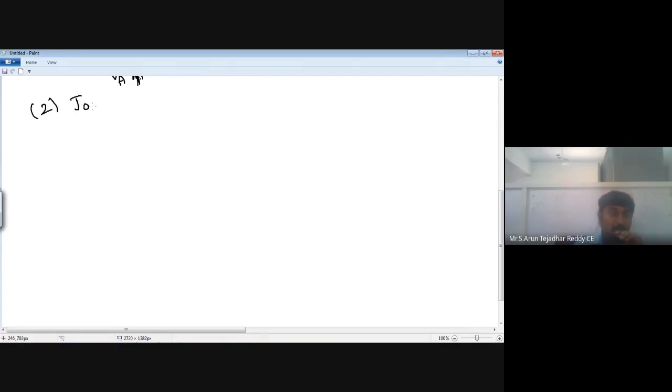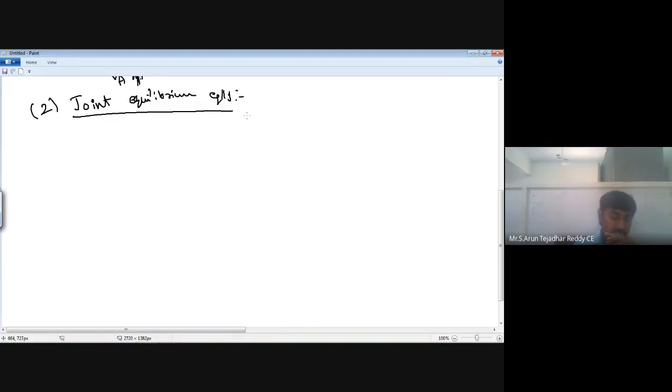Next, calculate member forces using joint equilibrium equations. Here our unknown forces are only 3, because the remaining 2 forces are 0.